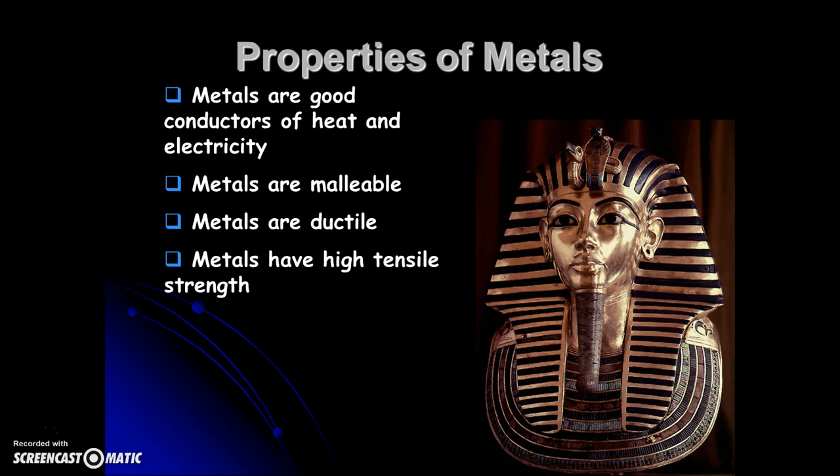And they have a high tensile strength. Metals can support a large amount of weight compared to their weights. So we use them in cables for bridges. And they have luster. Metals are shiny. They reflect light and can be used for things like jewelry or ornaments, as well as safety reflectors.